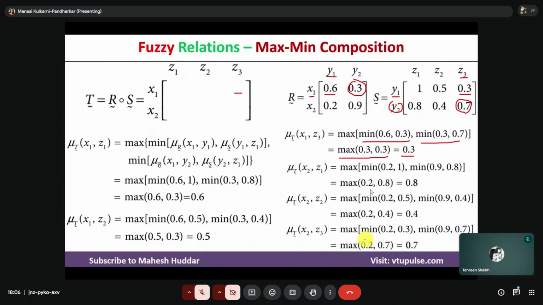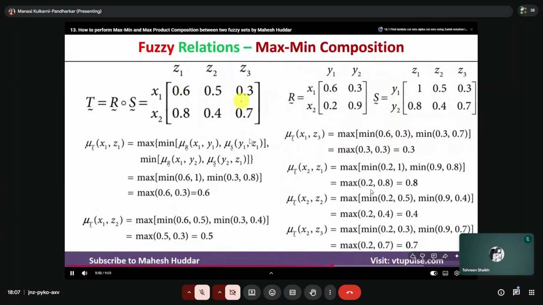Okay. So the final relation, here you will get the membership values for the remaining three members in this case. And finally, the membership values for the fuzzy relation T look something like this. Is it clear? This is like this. Am I right? Right now?